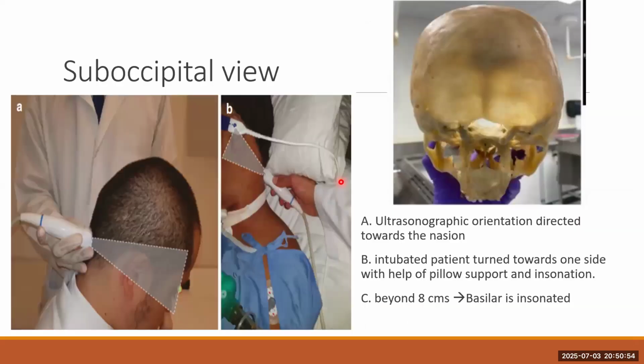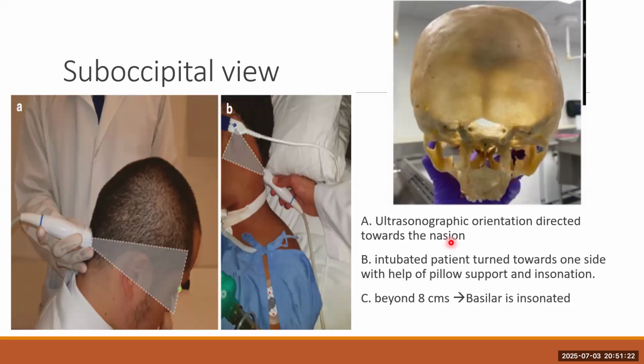And this is very important because of the suboccipital view, where we start insonating just beneath the occiput with our angle of insonation directed towards the root of the nose. In intubated patients, possibly we can just turn the head towards one side with the help of pillow support, and the insonation can be done through the occipital bones also.